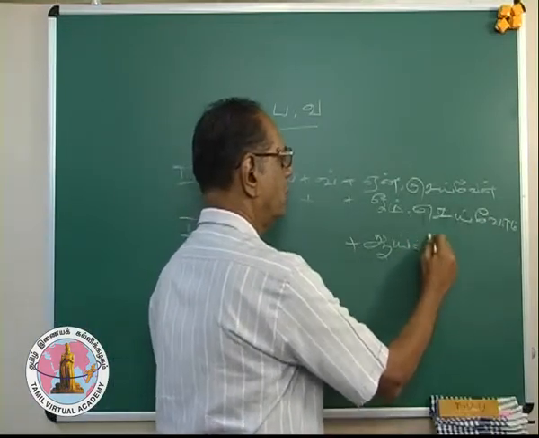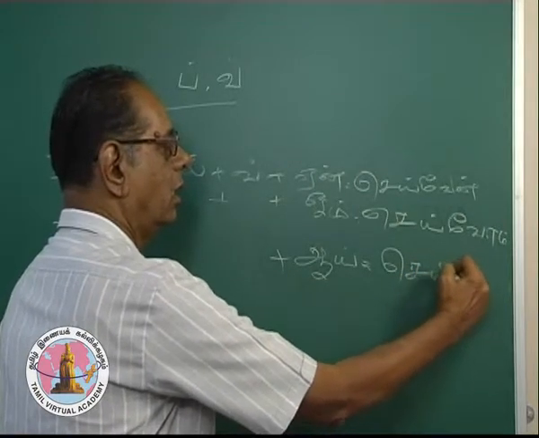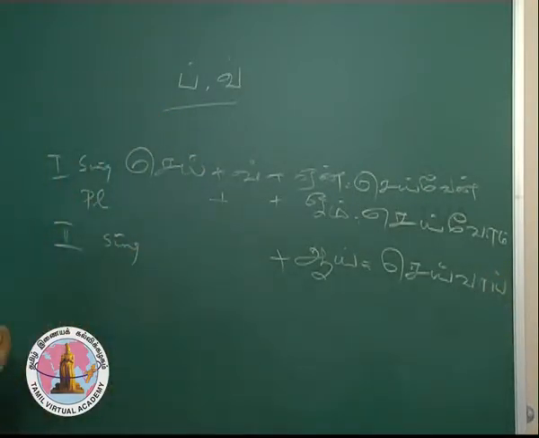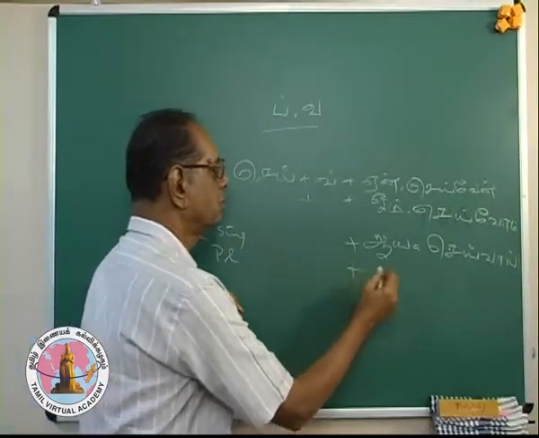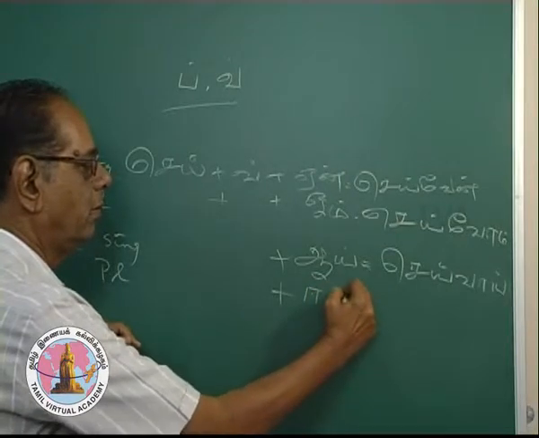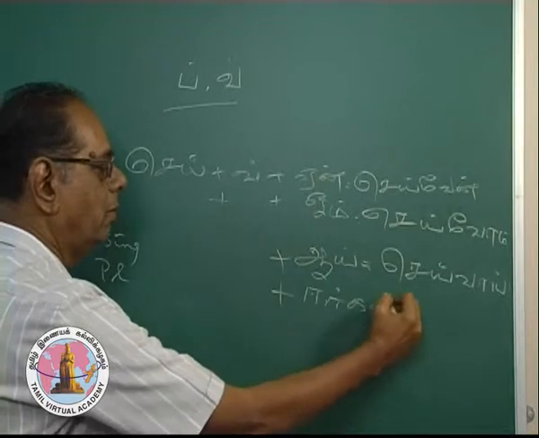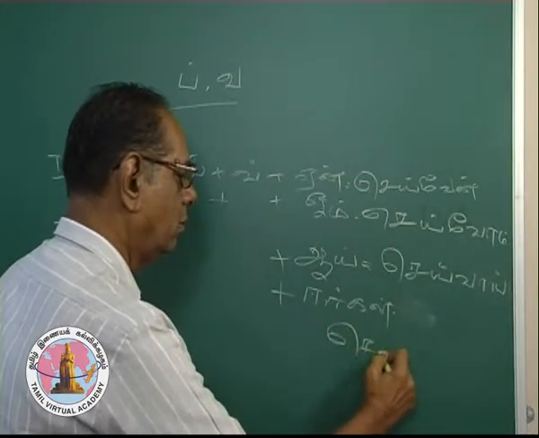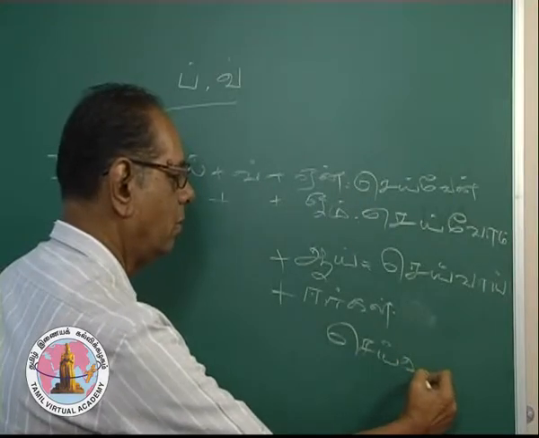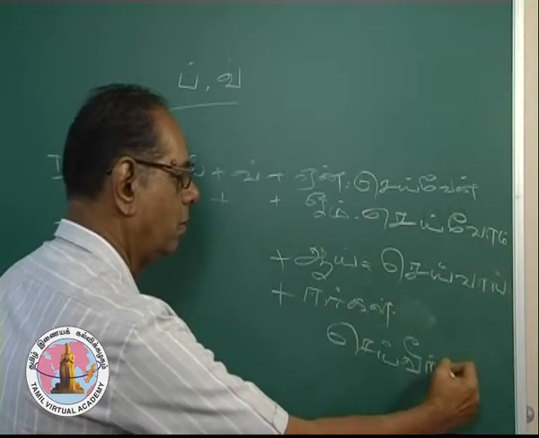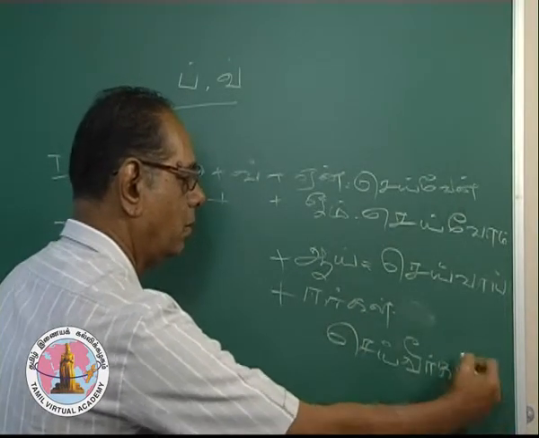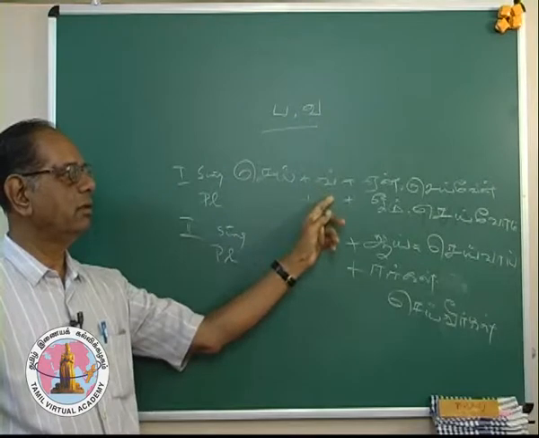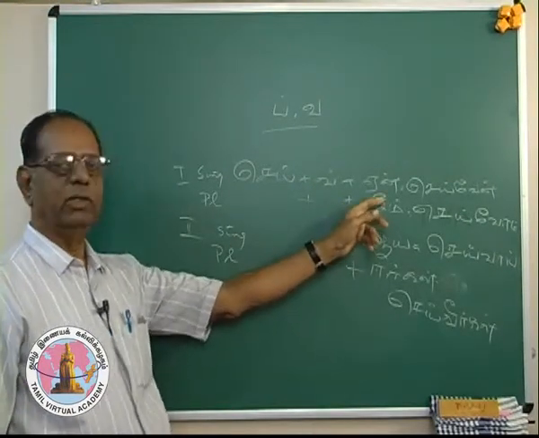So it becomes ceyvai, and plural is ceyvirgal. Cey is the root, "v" is the tense marker, and this one is the personal marker.